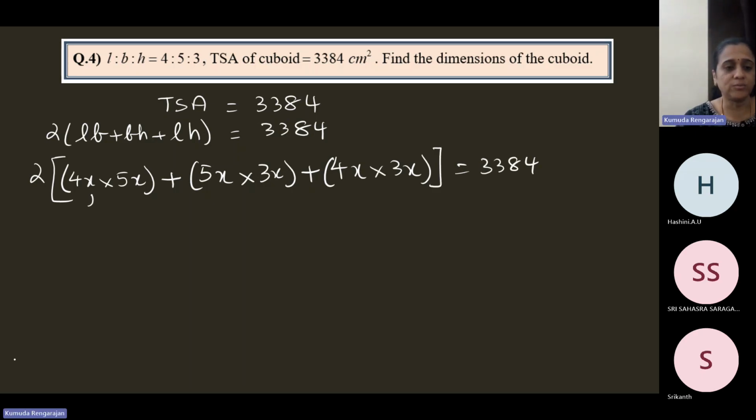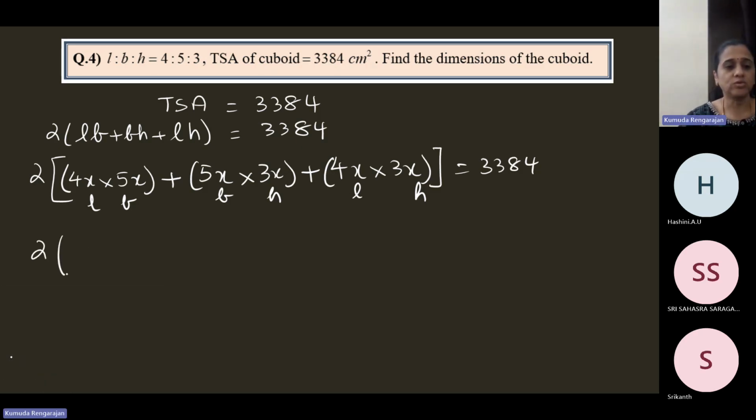See, this is L into B. This is B into H. This is L into H. L into B plus B into H plus L into H is equal to 3384. Correct? L into B, I put it in a bracket. Plus B into H in a bracket plus L into H in a bracket.